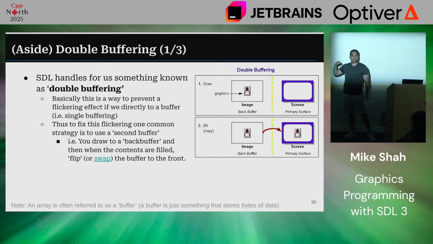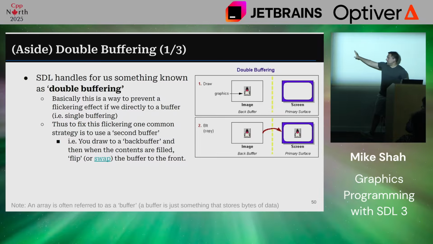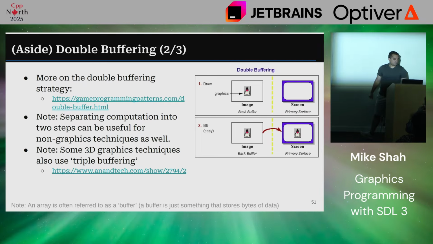That ability to flip the page generally makes our animations a little bit smoother. SDL is going to help us do this, and this is effectively what's happening when we're doing the SDL render present. We're saying, hey, everything that we prepared, once it's ready, present those graphics. And you can do all sorts of fancy stuff in graphics, like double or triple buffering, but for now, just think of it like a page flip when the artist is done coloring in the page.